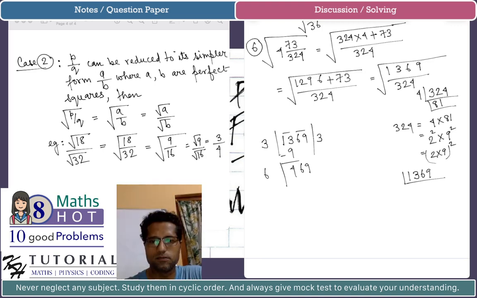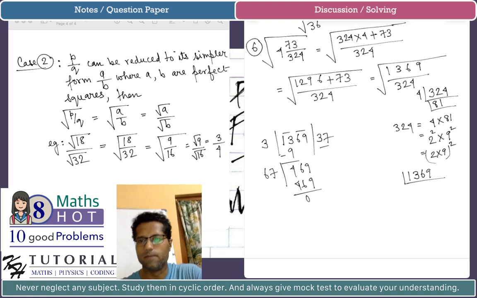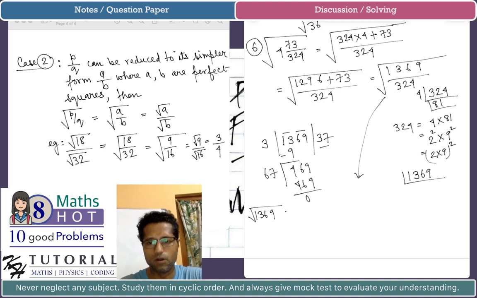Oh, I think this is 7. I think this is 7. 49, yes. So it is 37. Okay. So we see that the square root of 1369, by the long division method, I found to be 37.